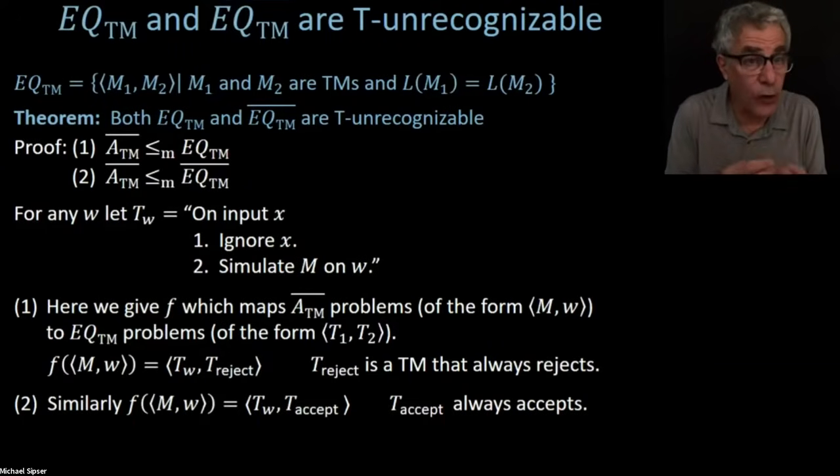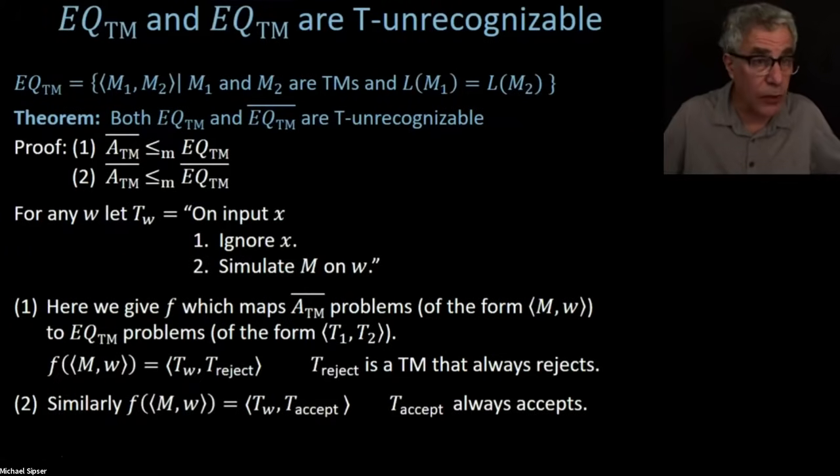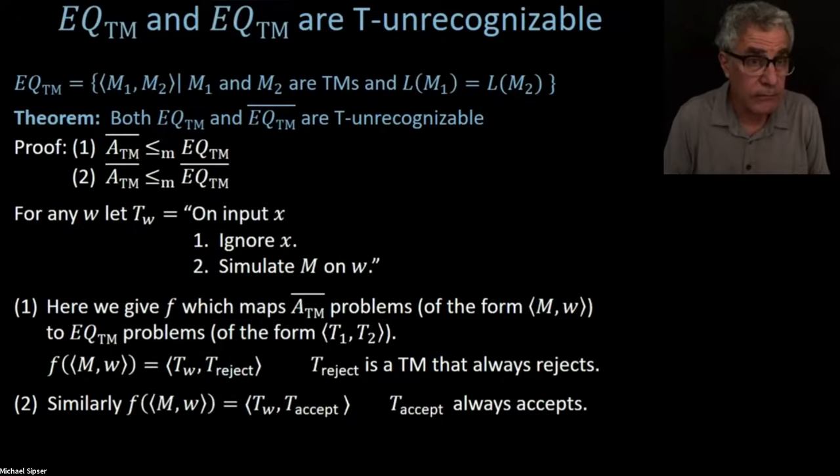So I'm just trying to give you the form of the output of the reduction function F. Specifically, when F is processing MW, it's going to produce two machines. One of them is going to be TW, which always behaves the way M behaves on W, but expanded to all inputs. And then a machine I'm going to call T-reject, which is designed to reject everything.